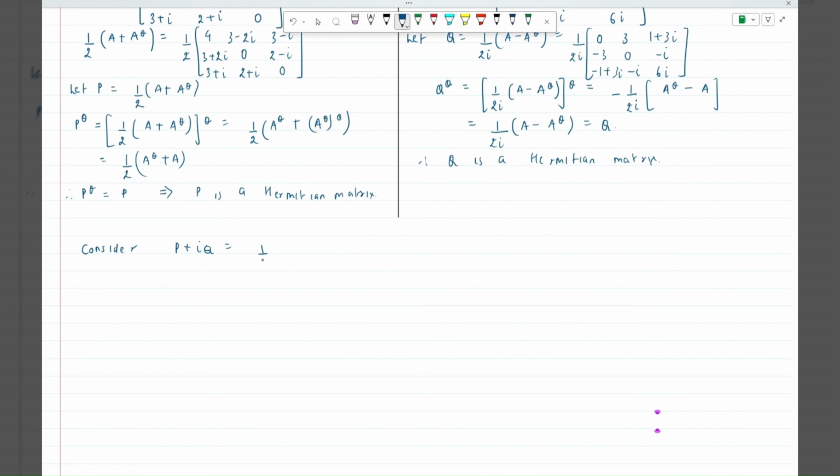P is half, and then here we have the matrix A plus A raised to theta. And then we have i into Q, and Q we have said is 1 over 2i into A minus A raised to theta, which is this matrix over here.